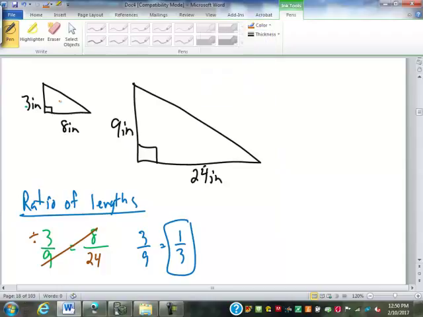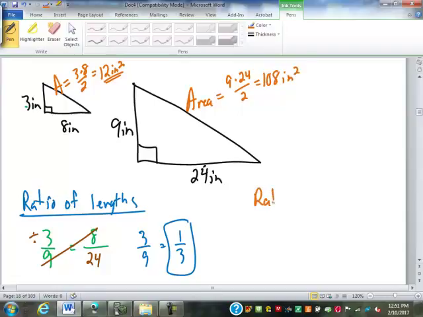What is the area of this triangle? 3 times 8 divided by 2, or 1/2 base times height, which is 12 square inches. What is the area of this triangle? 9 times 24 divided by 2, which is 108 square inches.